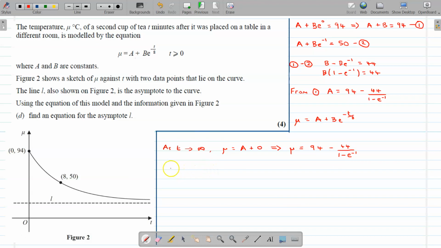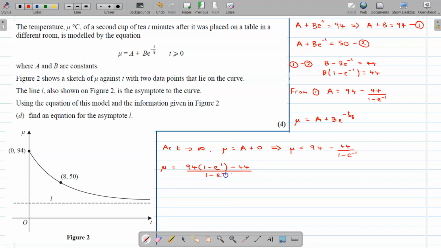So I can say that mu equals 94 times 1 minus e to the minus 1, minus 44, and then that's all over a common denominator of 1 minus e to the minus 1.